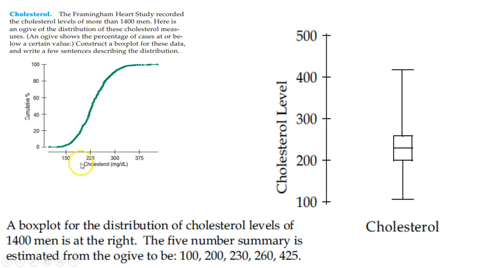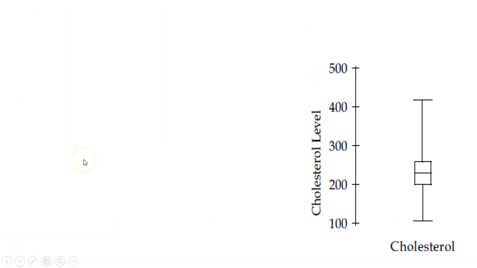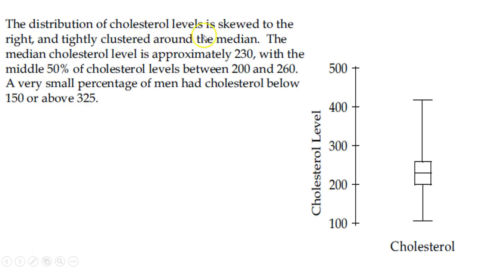You draw the lines and you roughly guess what you think it all is. The distribution of cholesterol levels is skewed to the right and tightly clustered around the median. It looks pretty close to the median, and it's definitely skewed a little bit to the right, or the higher end. The median cholesterol is around 230, which is the middle.